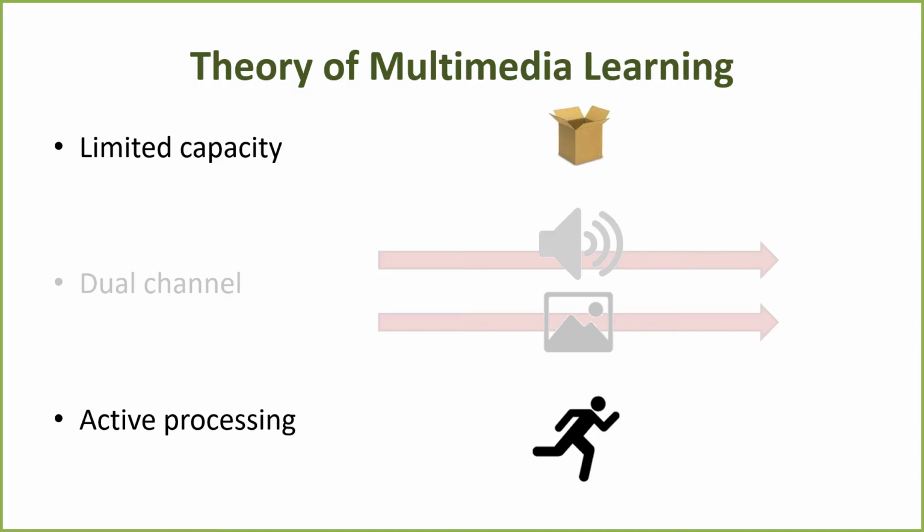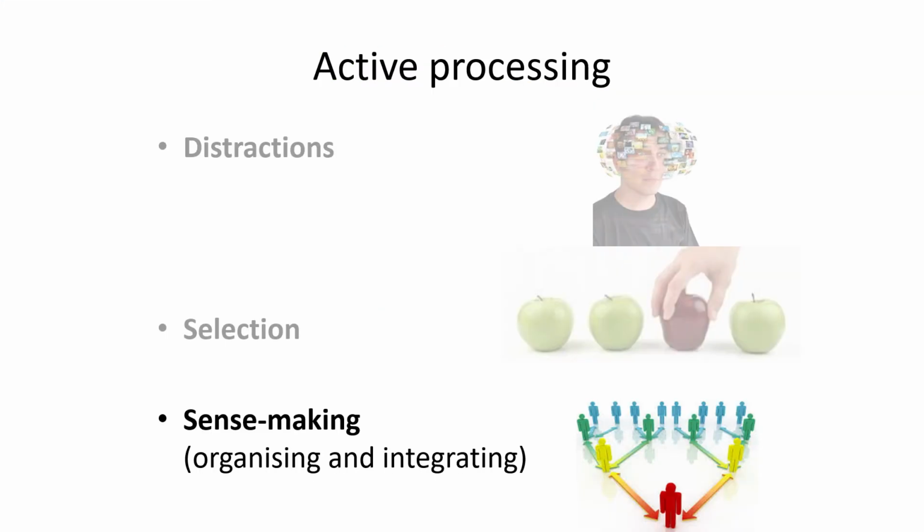So let's first speak about the limited capacity. There is so little space anyway in their working memory. Why would they choose to fill their working memory with that boring stuff? There's so much more interesting stuff that they could think about. And then what about the active processing? In order to help them to actually make sense of what you're saying.